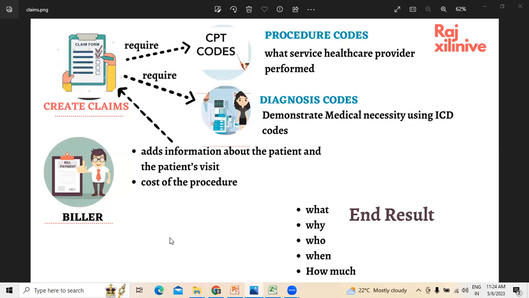So these are the two different codes which the biller normally has to update in the form whenever they want to send claims to the claim scrubber, like clearing houses.